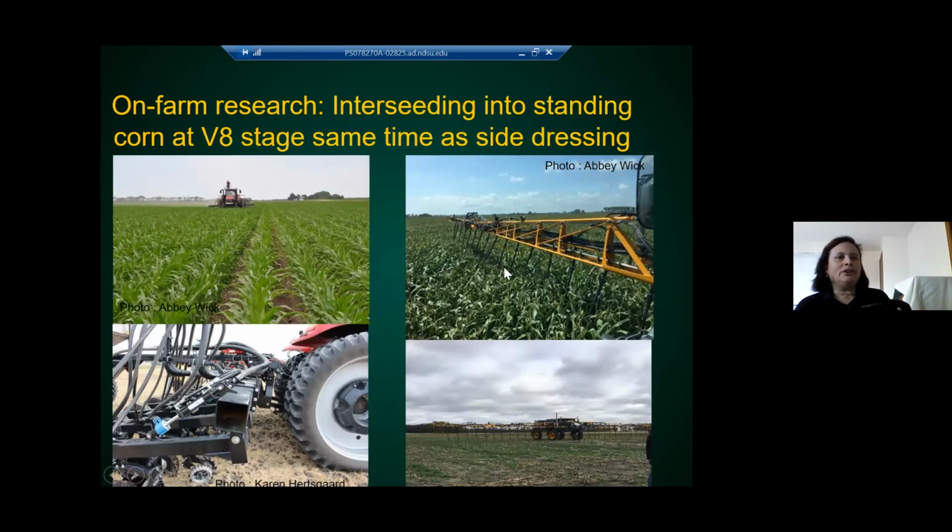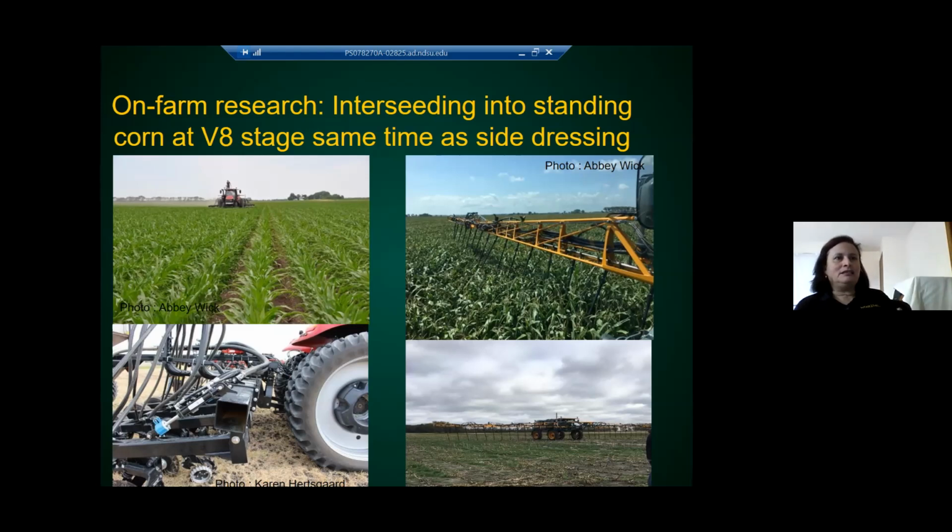This one works, but the disadvantage of this system is the seed is just placed on the soil. There's no incorporation, there's no real planting. I would call it inline or in-row broadcasting. It's better than aerial because the seeds don't get caught on the crop. They go directly to the soil, but they're still on top of the surface.